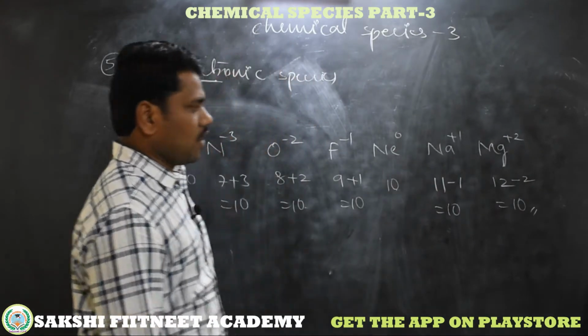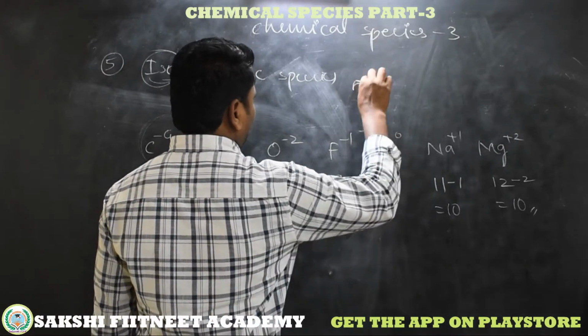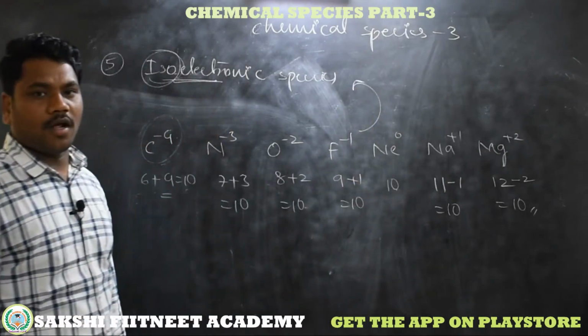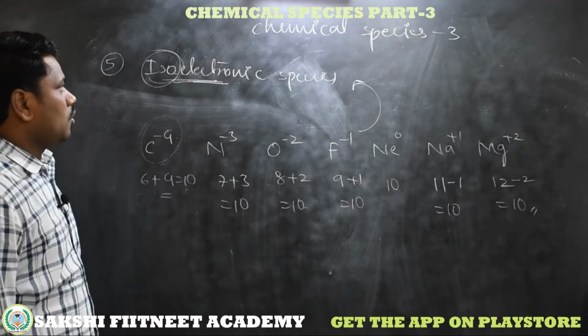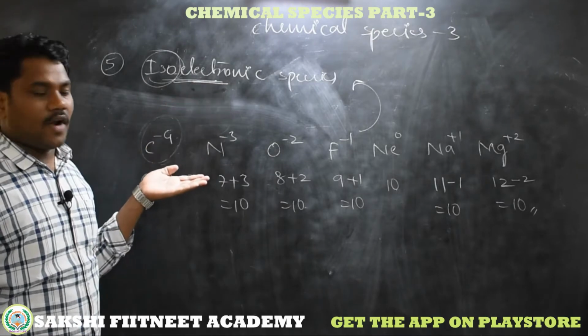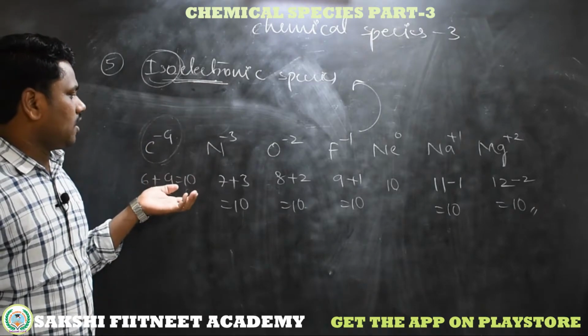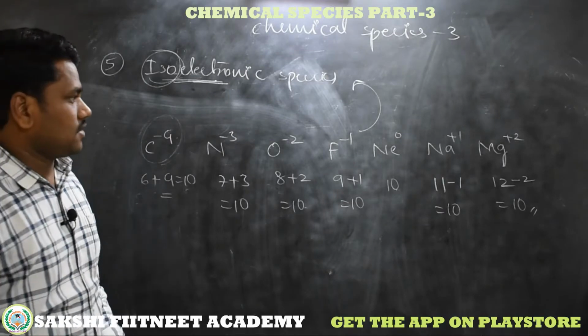Simple. The set of elements which have the same number of electrons are called isoelectronic species. Isoelectronic, the number of electrons are the same. The fragments or species which have the same number of electrons are called isoelectronic species.